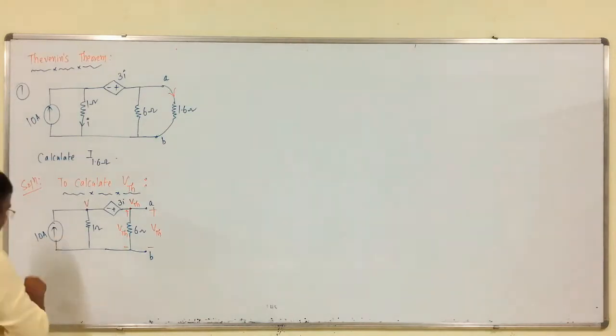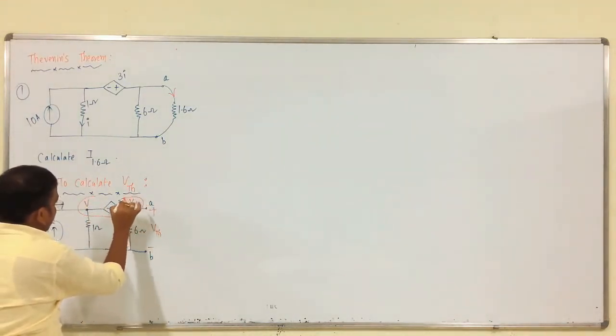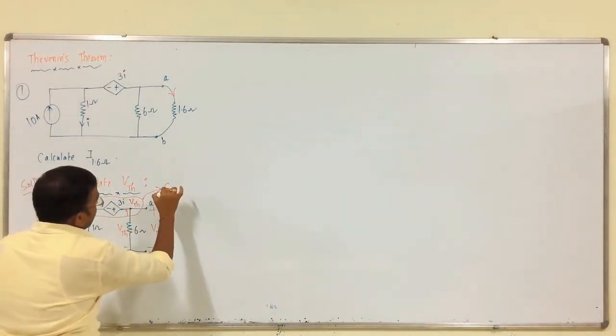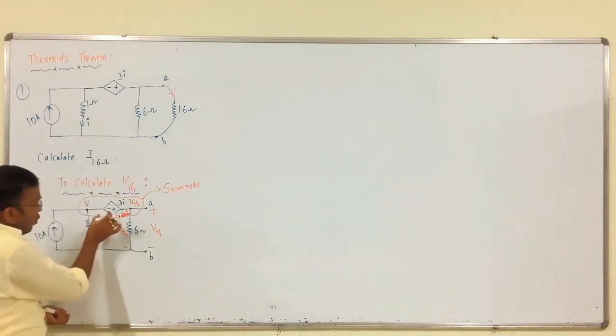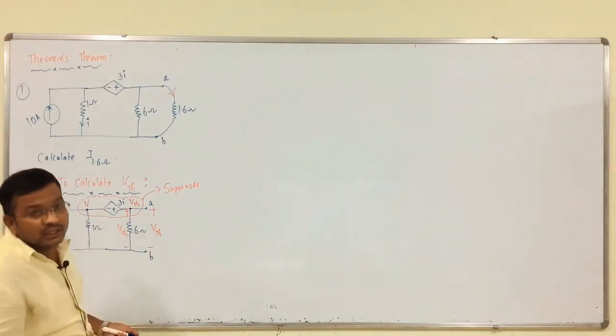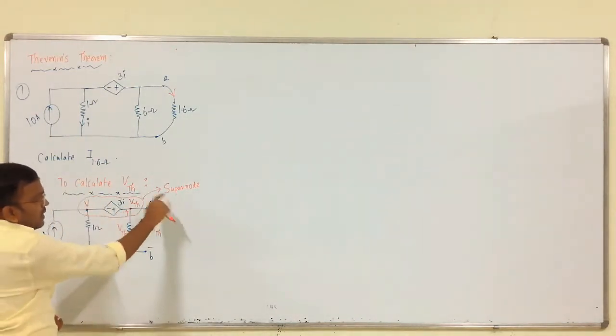So, from this, it is a super node. A voltage source is present between two non-reference nodes. That is why it is a super node.